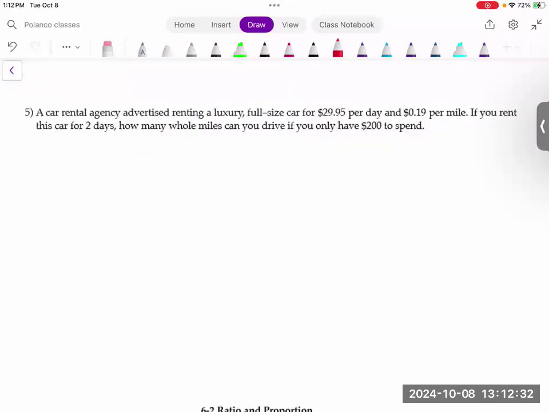Okay, so a car rental agency is renting a car for $29.95 per day. So this is the number of days. All right. Each day is gonna be $29.95. We good? And it charges you as well per mile, adding 19 cents per mile.